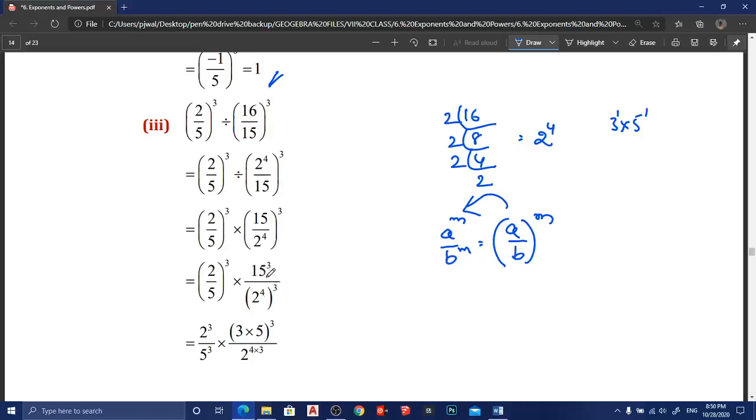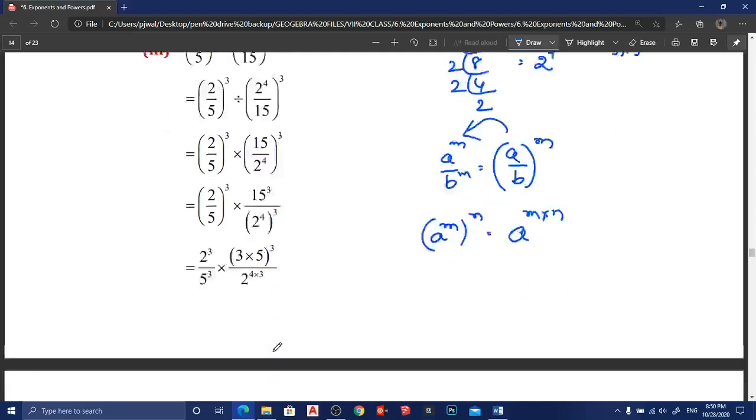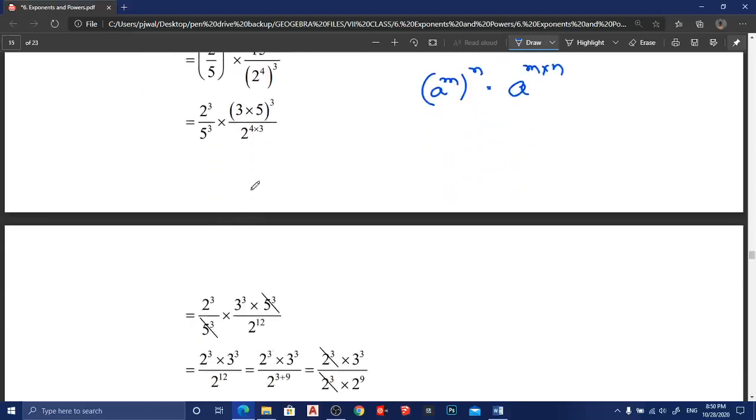Now you can write this 15 cube as (3 into 5) whole cube, and for this we can use (a to the power of m) whole to the power of n. Power of power is nothing but multiplication of the powers: a to the power of m into n. So 4 into 3 here. Okay, now 2 cube by 5 cube into this, you can split it.